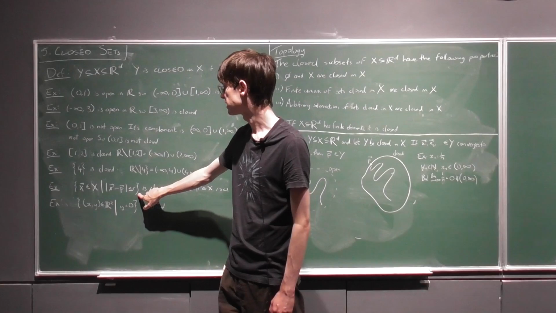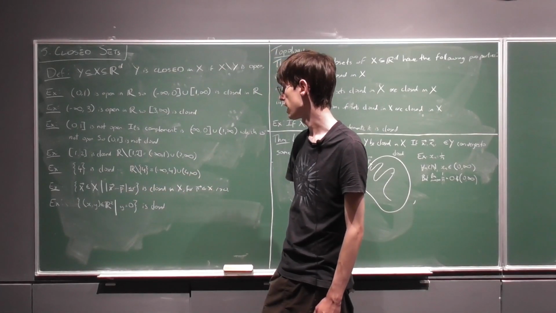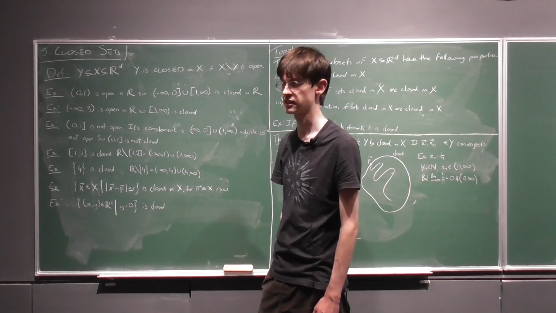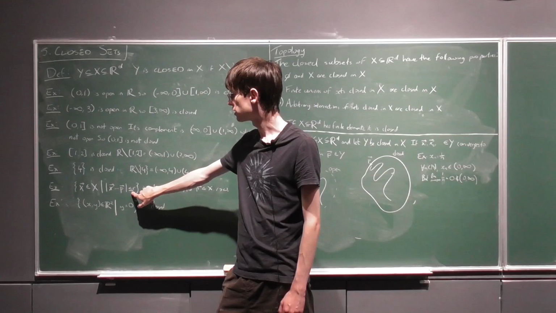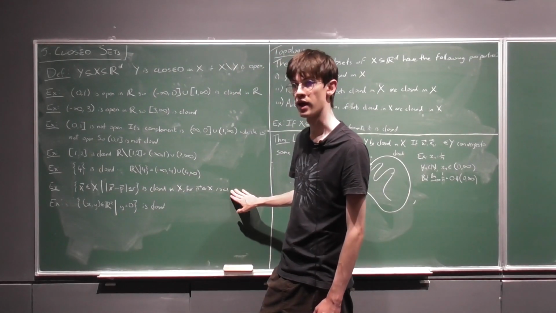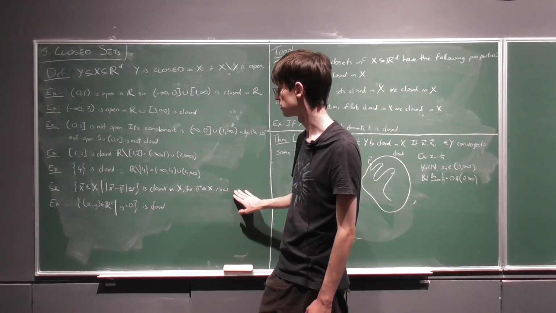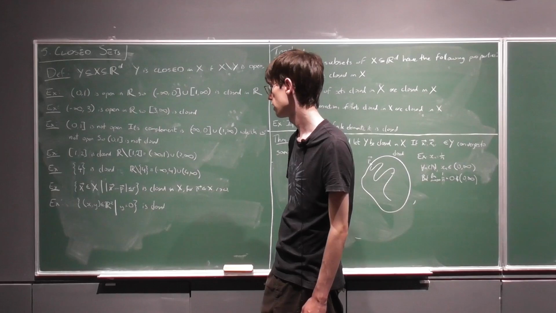Here, if you did the exercise from the last video, you'll be able to check easily that all of these closed balls are closed in X, because I asked you to look at the complement of this, where the inequality is flipped and becomes strict. That would be the complement of this set, and that would be open.